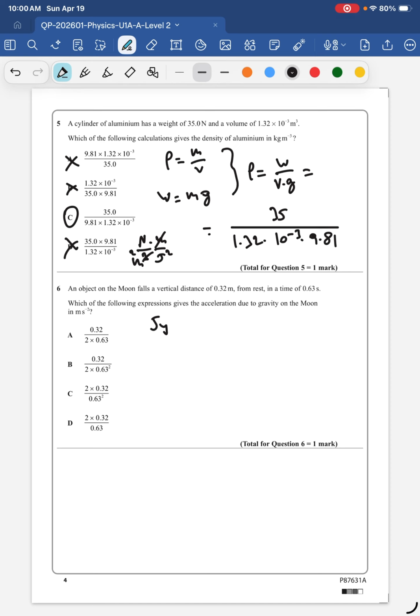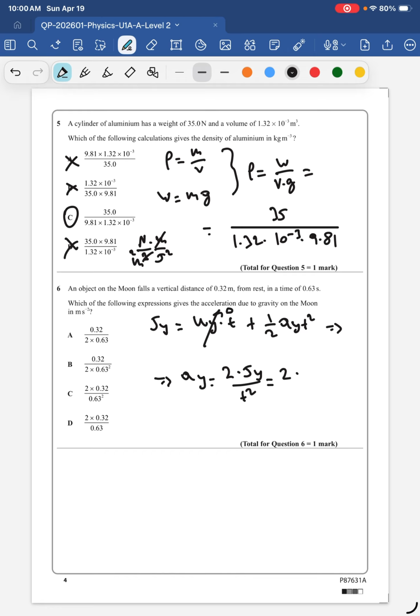So in the vertical direction, which is the y direction, we have s_y = u_y t + 1/2 a_y t squared. The initial velocity is 0, right? So that cancels. So we are solving for the acceleration. So a_y is 2 times s_y over t squared.